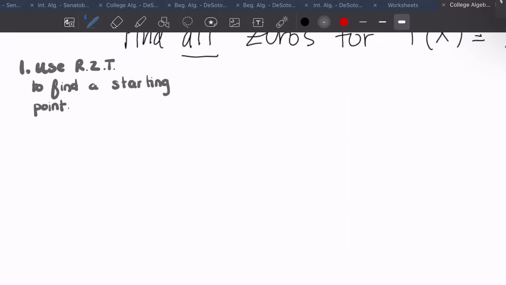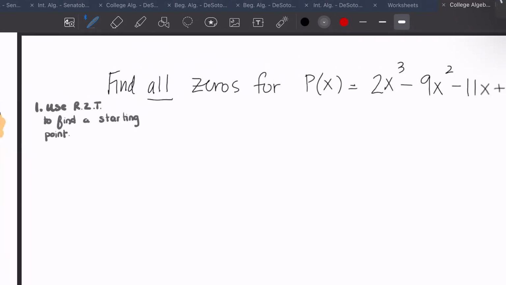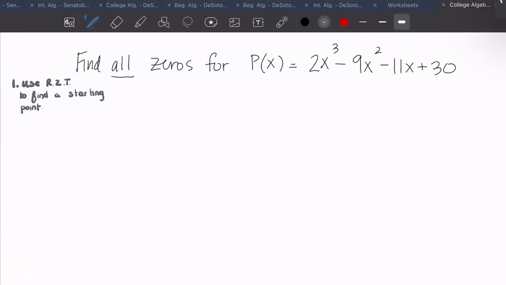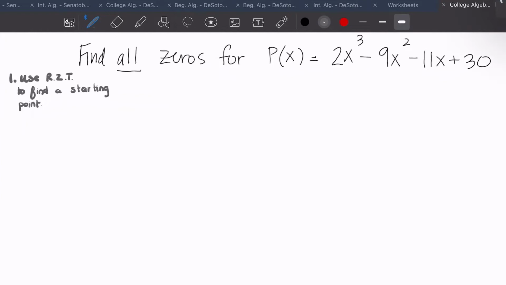Rational zero theorem is all possible zeros. So we'll write possible zeros equals factors of the constant. So that's 30.